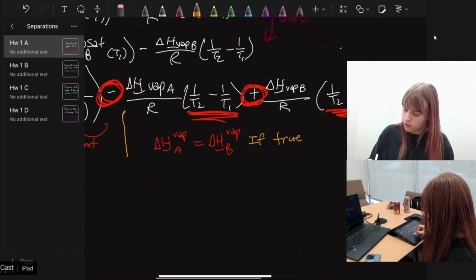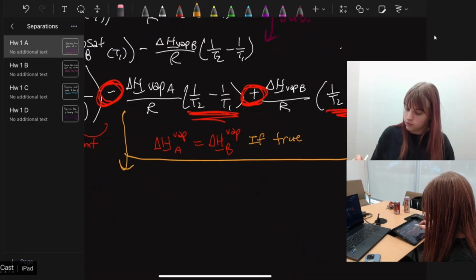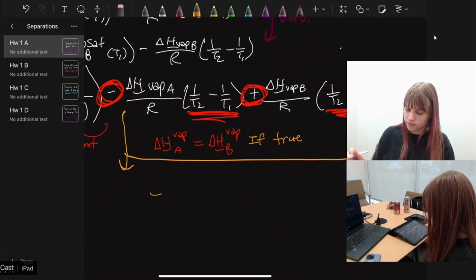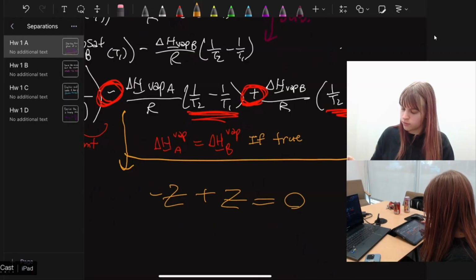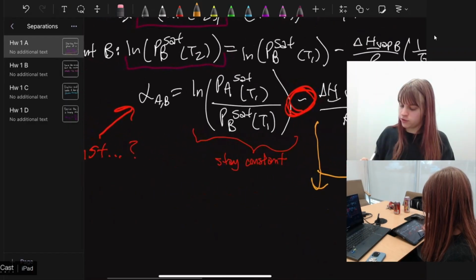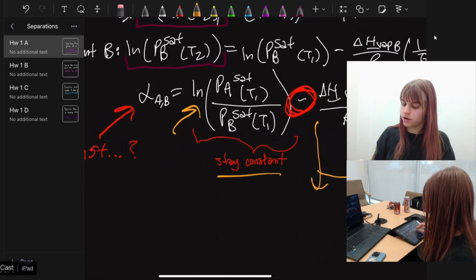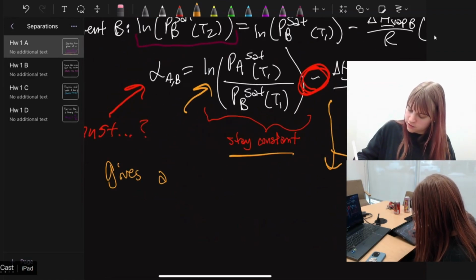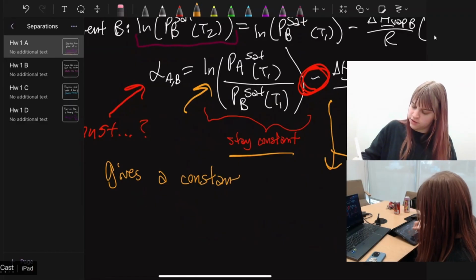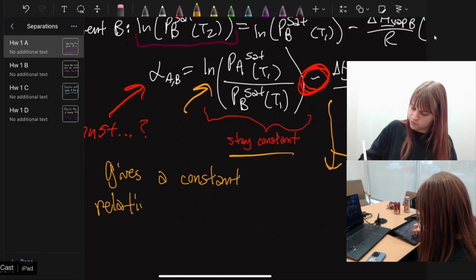If this is true, then these terms would be negative some value, let's call it z, plus z, that's 0. Therefore, you're then only depending on this right here, which gives you a constant relative volatility.